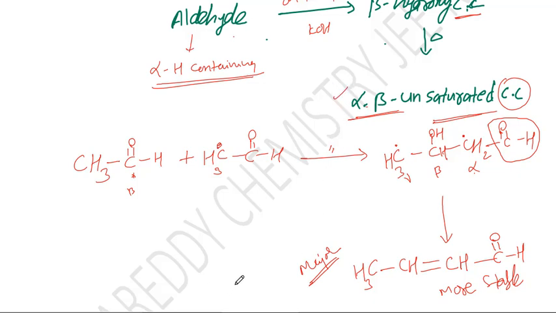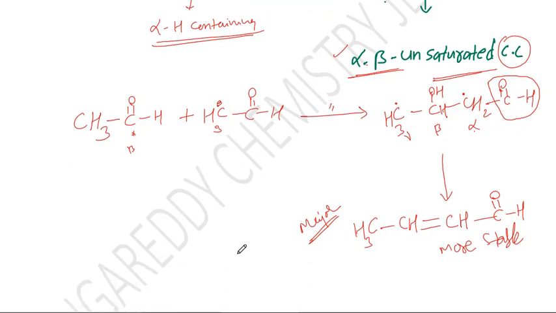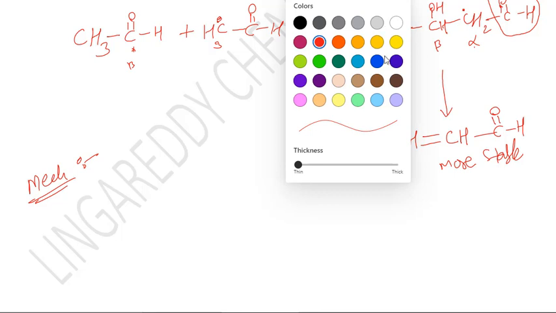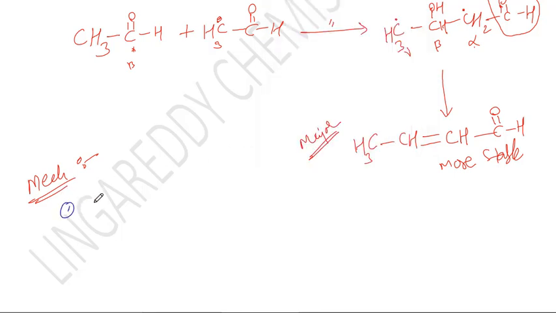So now we can see the mechanism. See, in the first step we are using dilute NaOH. This dilute NaOH is the base, OH minus is releasing.